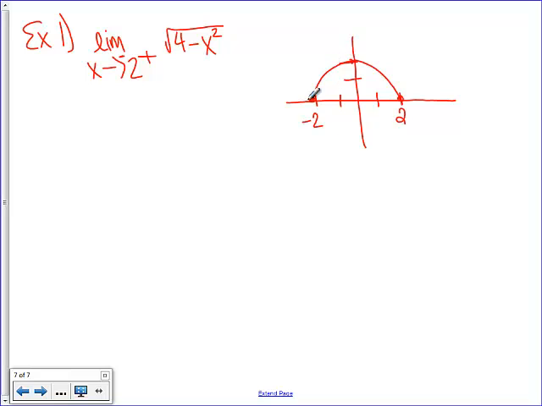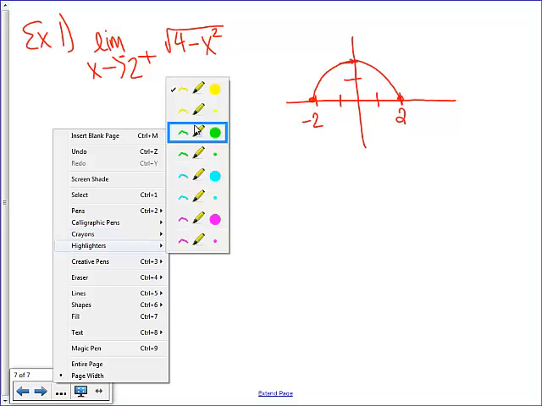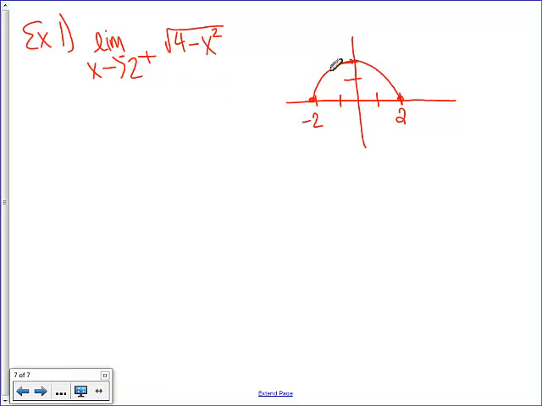What y value is that approaching right there? Well, it's approaching 0. So again, that is my limit. So my limit equals 0.